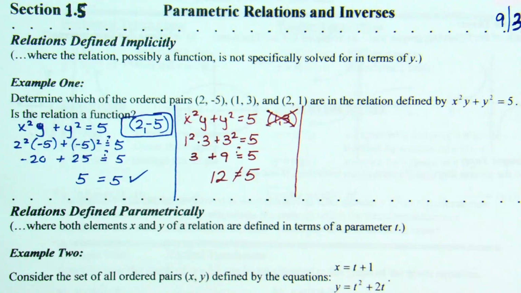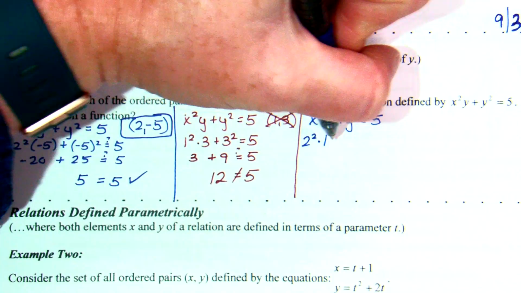So now we have 2, 1. Then we're trying to put it into x squared y plus y squared equals 5. So 2 squared times 1 plus 1 squared. I'm messing my math up here.